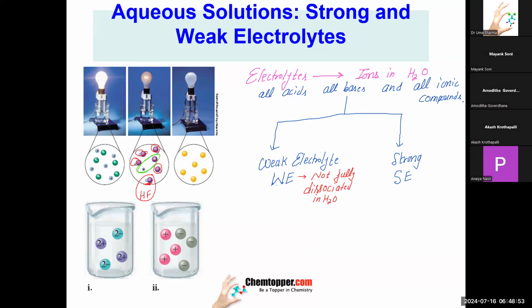I'm giving you solubility rules also. Take these solubility rules.